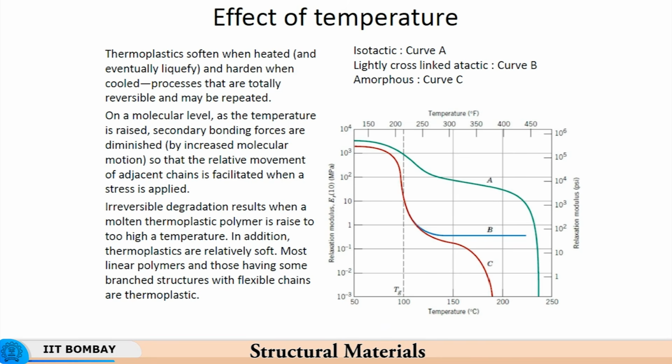So this irreversible degradation will take place when the molten thermoplastic is left at high temperature. This becomes very important when you use it in an injection molding machine. Usually these polymers are used in injection molding machines, and there, if the so called time of residence inside the heated cylinder or barrel is too high, then polymer degradation will take place, and this degraded polymer, if added to a fresh polymer, will spoil the properties of the fresh polymer.